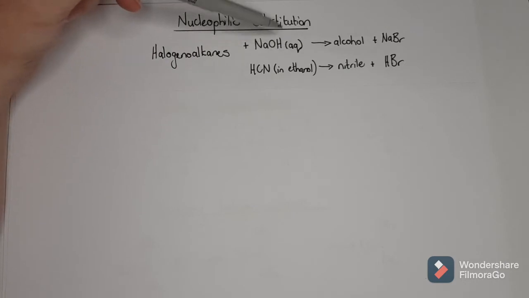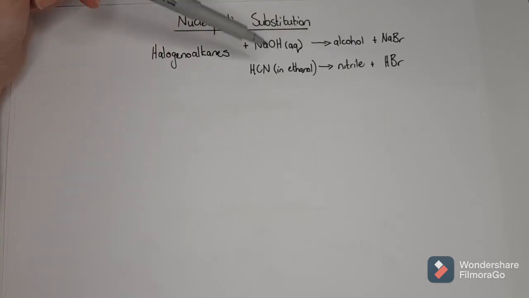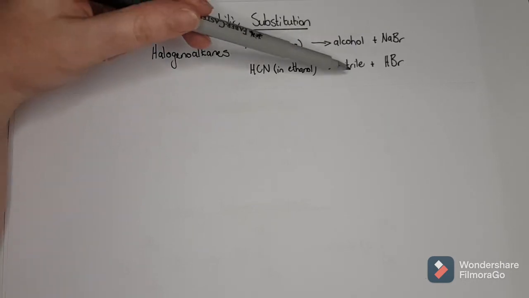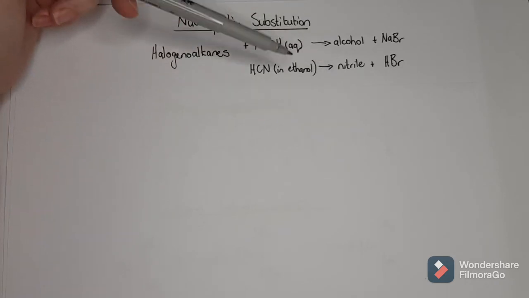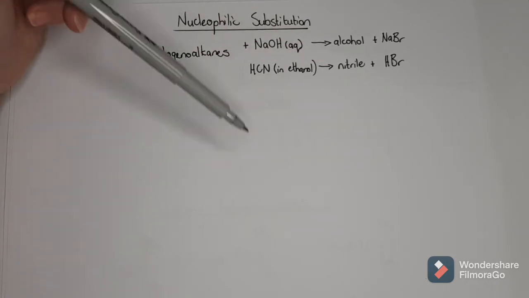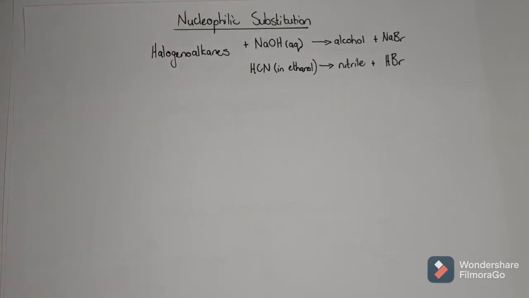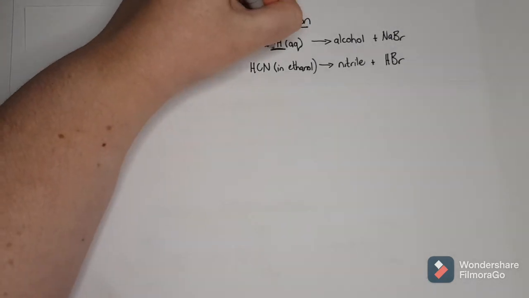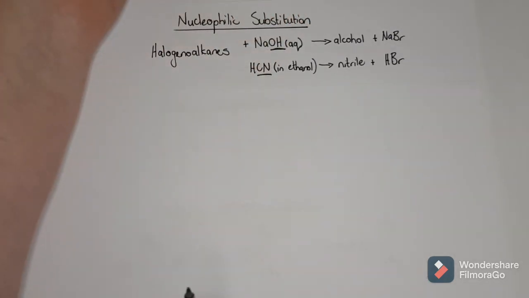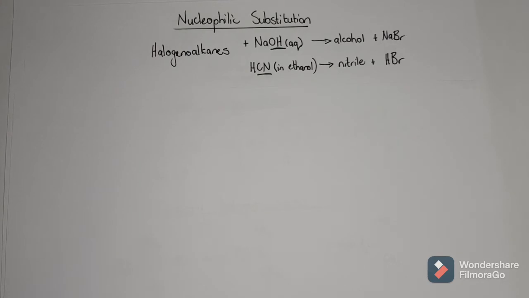If we use the hydroxide, we're going to make an alcohol, and if we use the cyanide, we are going to make a nitrile. Either way, the mechanism will be the same though. It's still nucleophilic substitution for either that or that. So our important ion in there is either the OH or the CN. That's going to follow the mechanism.